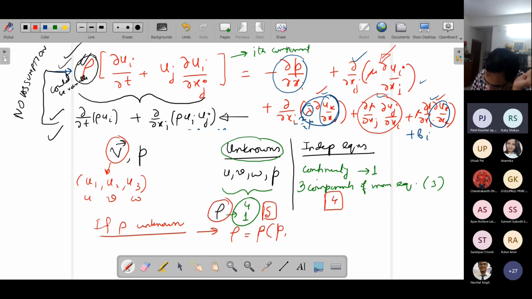Say for example, pressure and temperature for a pure substance. This is a thermodynamic equation of state. That means if you know two independent intensive properties, you can specify the state of the system, and that is how you can get the density.